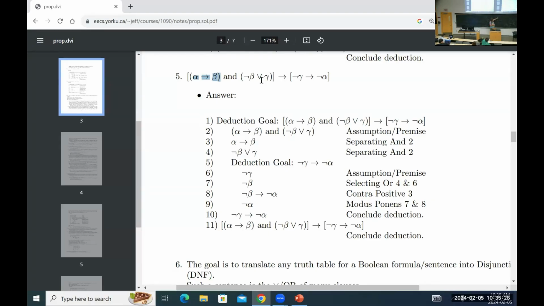If I know both A and B, then I get C. So I assume A and B, I get C. Well, I assume A, and I need to prove this. How do I prove this? I assume B. Now if you look at my stack, I've assumed A and I assume B, so now I can get C. Does that make sense?